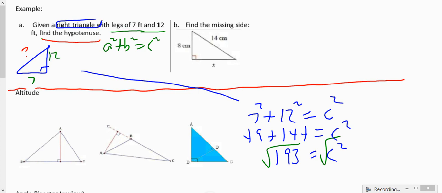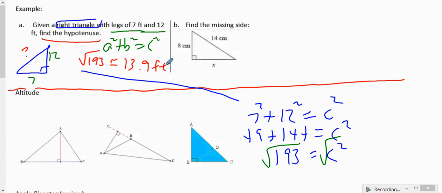So our answer can be written two different ways. You can write it as just the square root of 193. That's the exact form. Or we can actually root it and get a decimal, which is approximately 13.9. And since they give us the unit feet, we will put in feet as well.